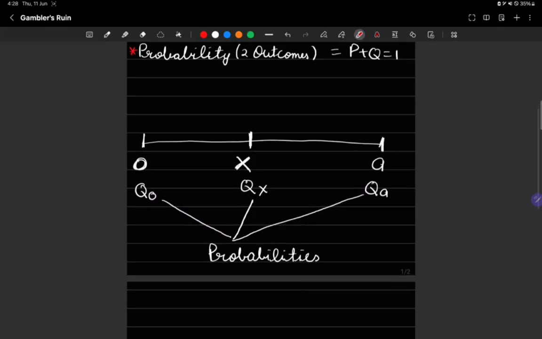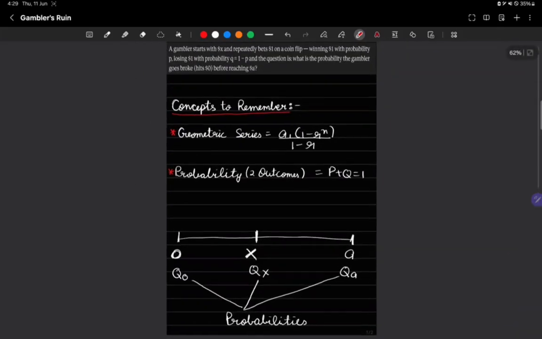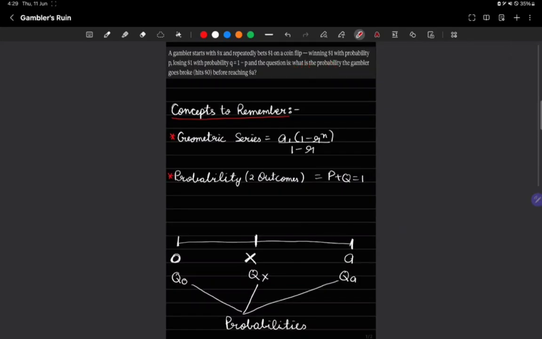So here I've drawn a number line indicating the three positions that the gambler can go. The gambler starts from position X, and the gambler can go ruin, which is the 0th position, and the gambler can go to A. As we remember, the question is asking what is the probability that the gambler goes broke.